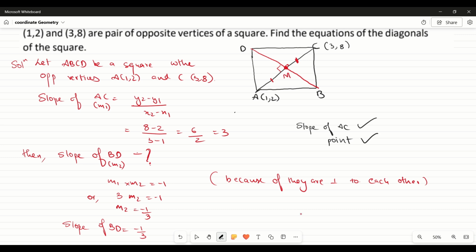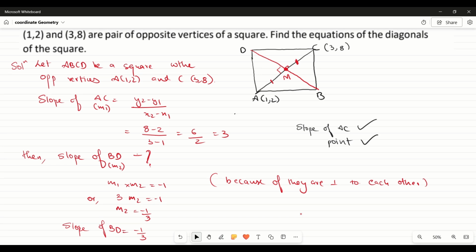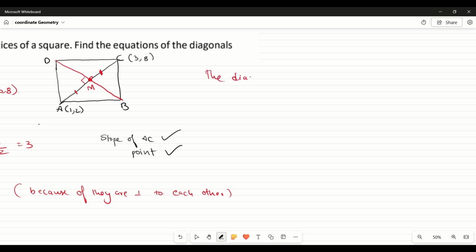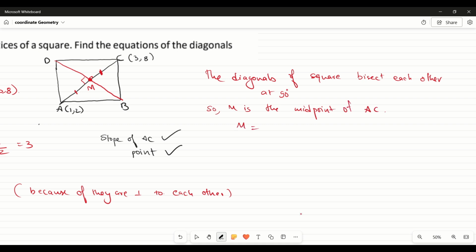And we know the property that the diagonals of a square bisect each other at 90 degrees. Bisect means these two parts will be equal. Here is the point of intersection. If I consider this as M, we can find the coordinates of M, right? The diagonals of a square bisect each other at 90 degrees, so M is the midpoint of AC, right?